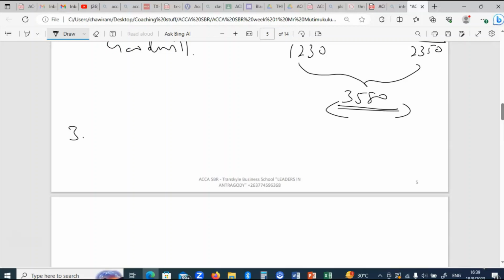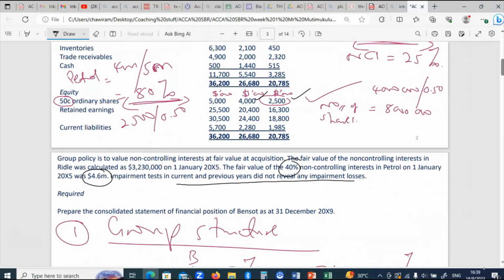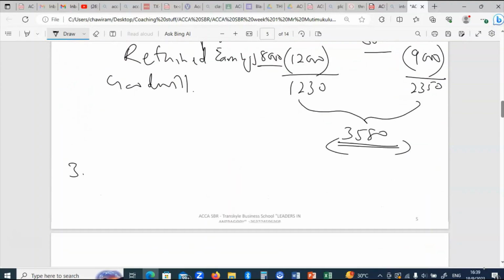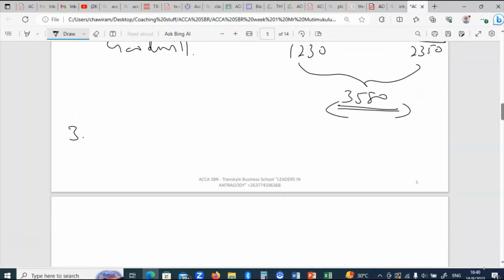Okay, working number 3 is usually for the NCI, and you also need to understand the requirement. You are required to do an SFP, a consolidated statement of financial position. So obviously you need that working. Okay, so the working here is for the NCI.